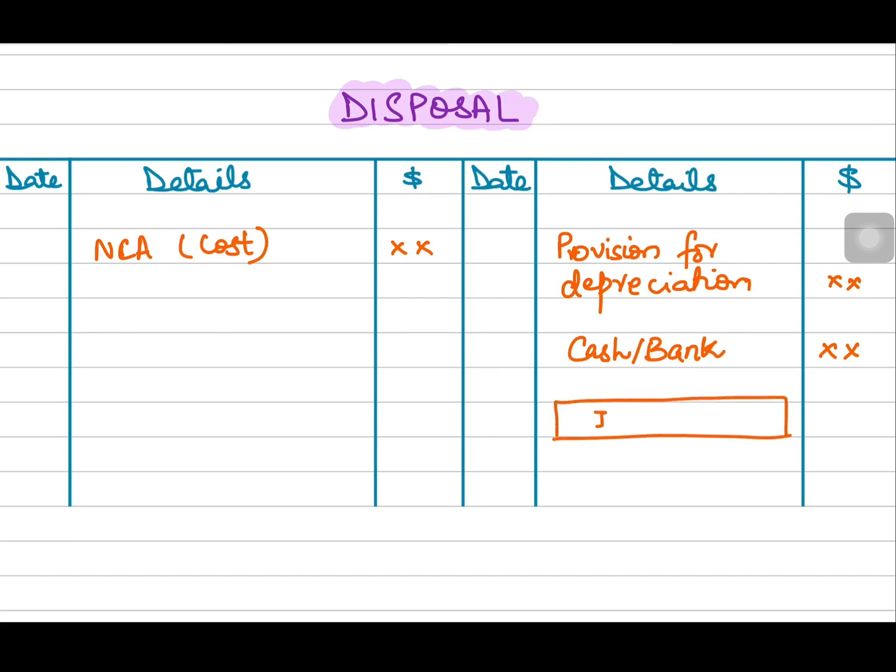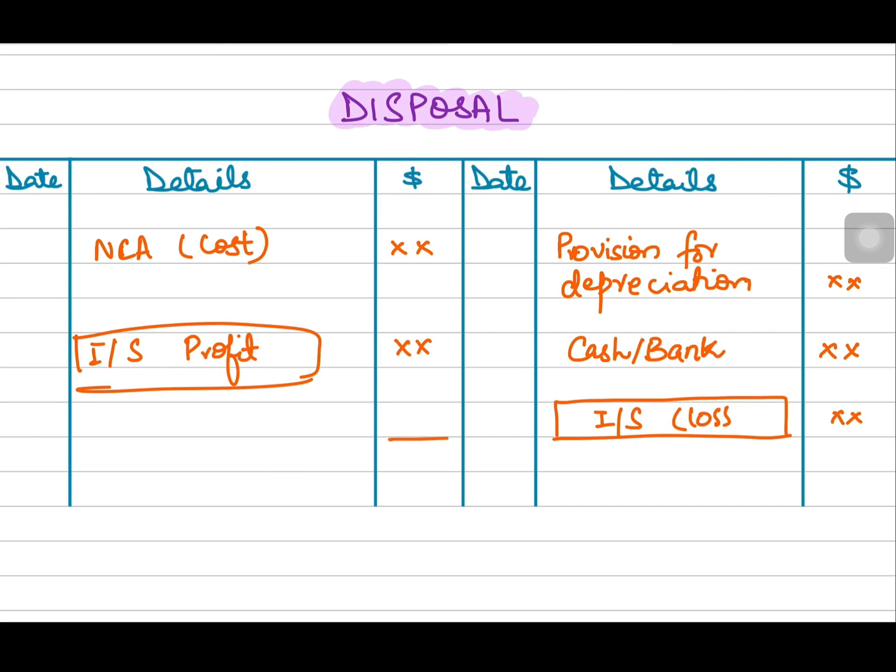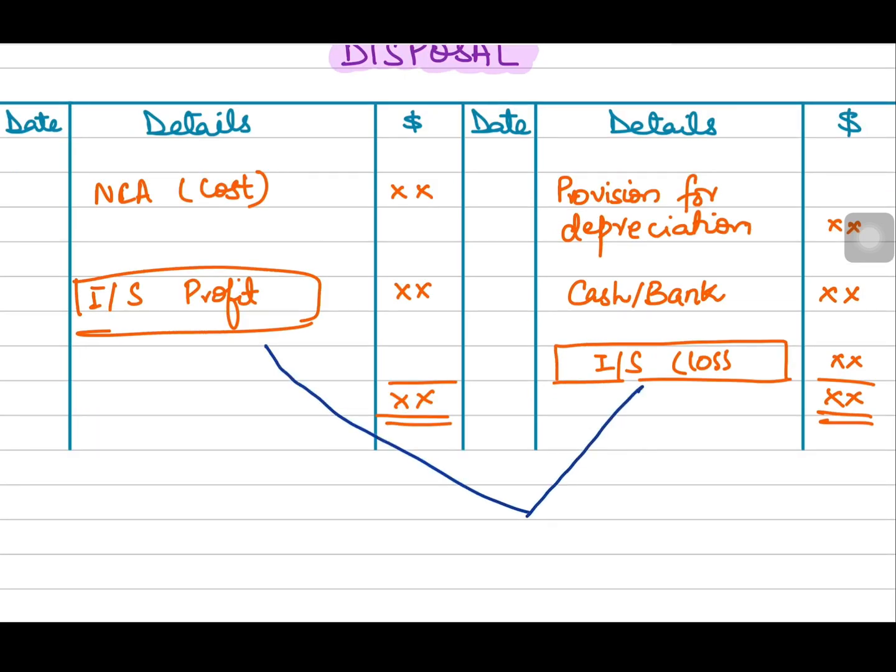So here we will record the income statement figure, which is the loss. Or if there is a profit, then it will fall on the debit side, right? And then we will just close this account. Since profit or loss will be the balancing figure for the disposal T account, there will remain no further balance in the T account, and then we'll just close it off.